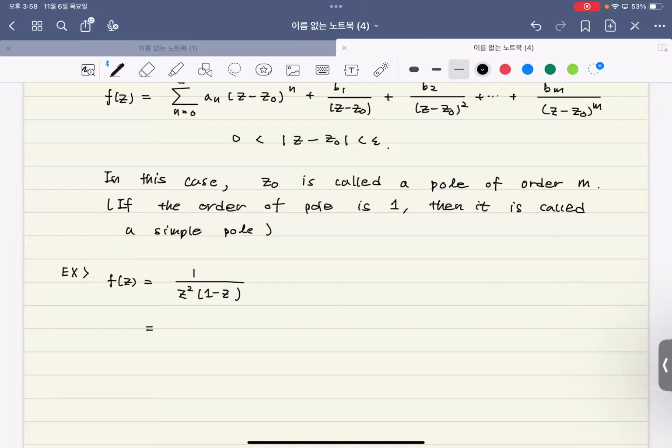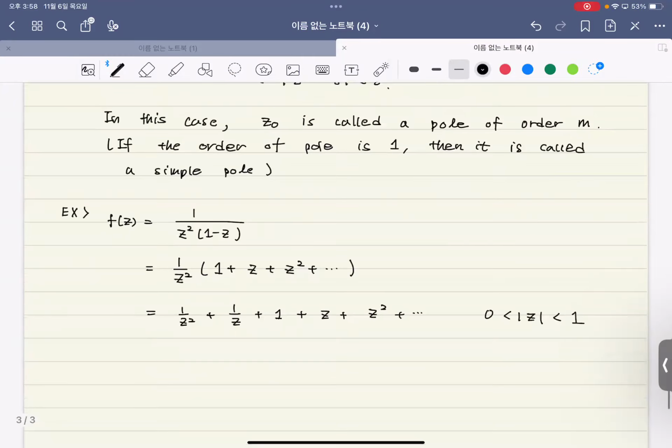Let me try to figure this out. First, when z equals 0, this is the Laurent series of my function f around the origin. This is 1 over z squared plus 1 over z plus 1 plus z plus z squared, and obviously this is true for z between 0 and 1.